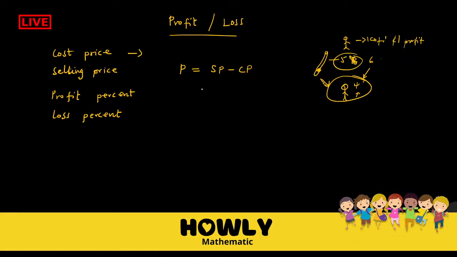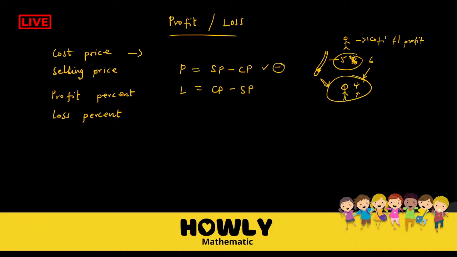Now you will make a loss when your cost price is more than your selling price. If I should put it differently, you make a loss if your selling price is less than the cost price. If we decide to use the same formula, that is a loss.